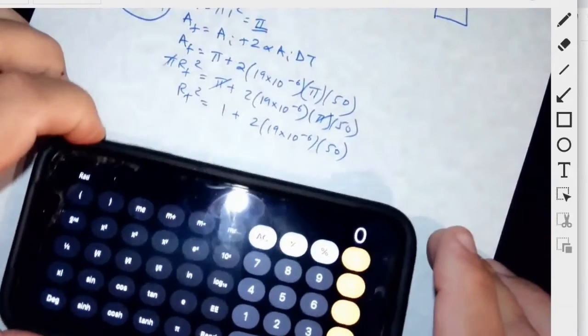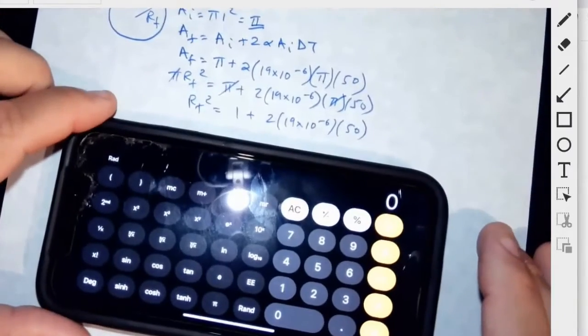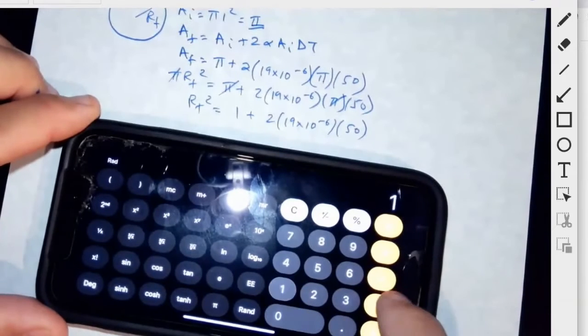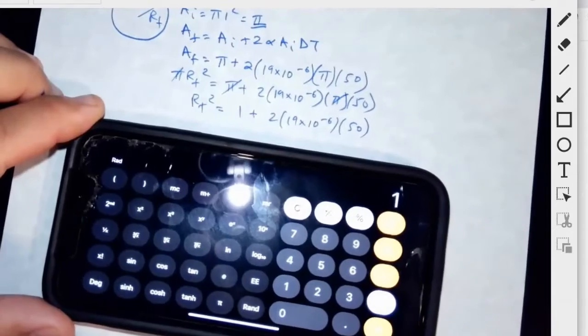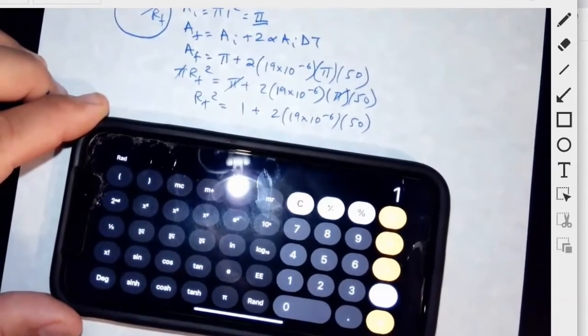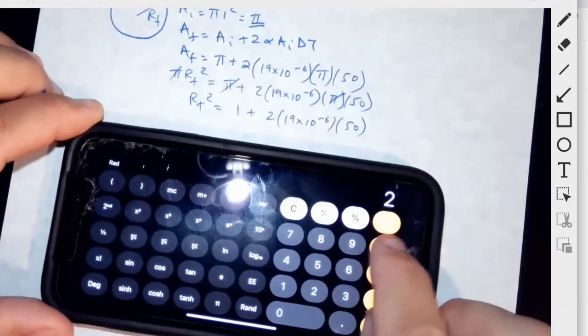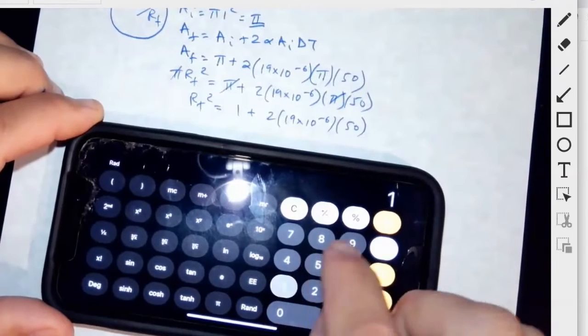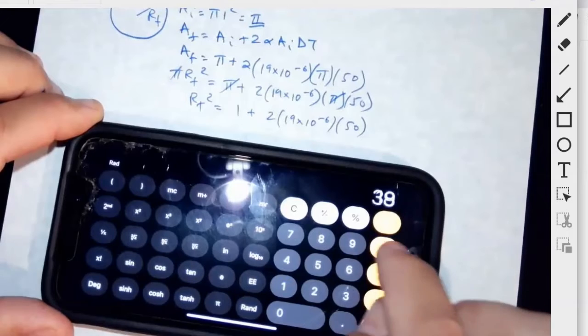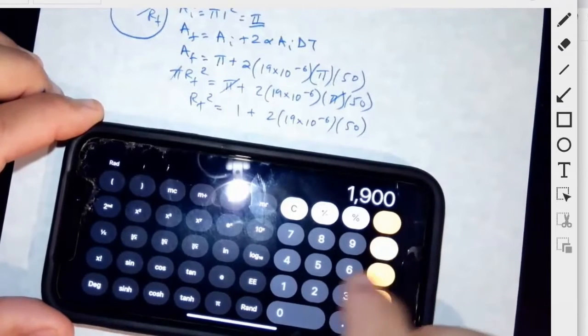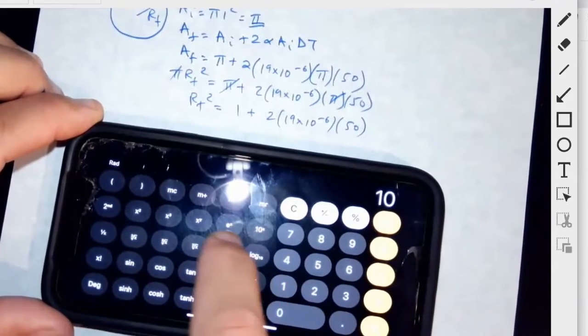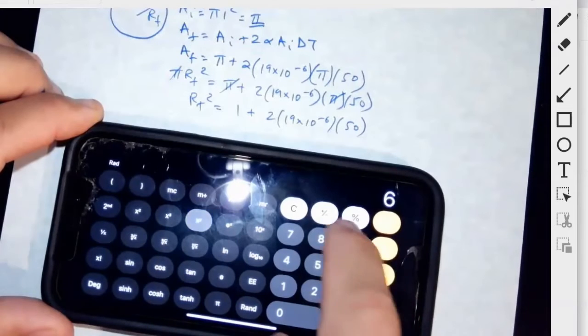You don't necessarily need the scientific calculator.